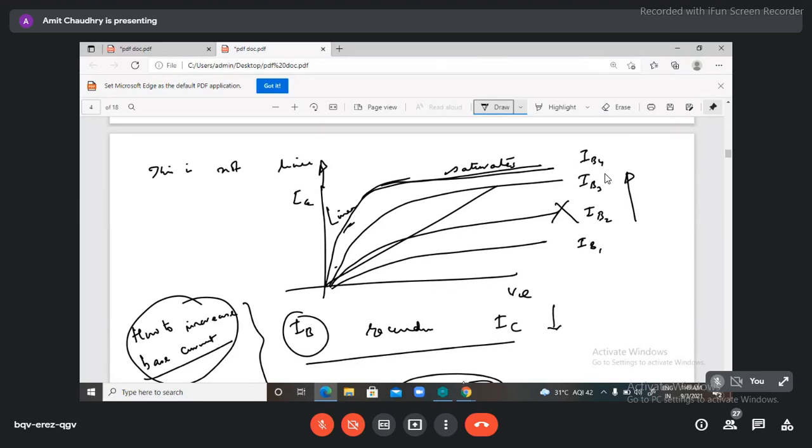Now, if you see the characteristics, there is another point here. This line is called the load line.